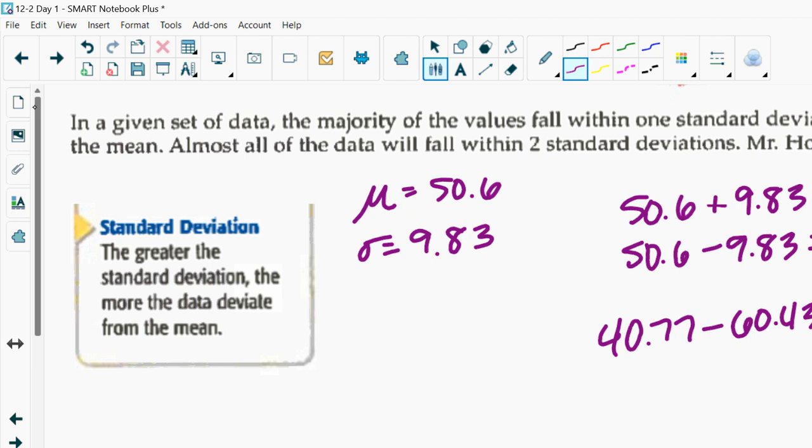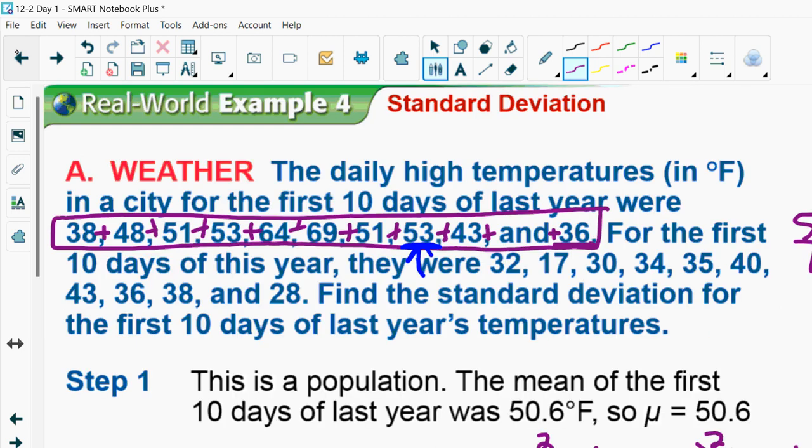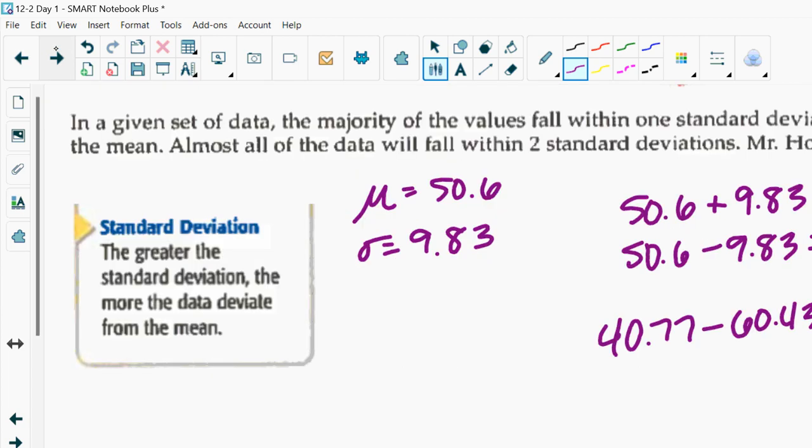And I'll come back to this in a minute. And notice which ones aren't in that. Like 36 isn't in that. 69, 64, 38. So 6 of the 10 numbers are within that one standard deviation. We could do it again, but I'm not.